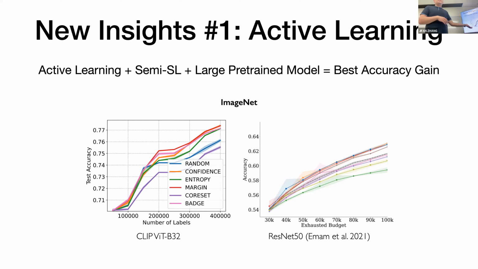Of course, CLIP beats ResNet, so it also shows that a large pre-trained model is important. This confirms why you should do all three at the same time, because having one or two of them is not as good as having all three.